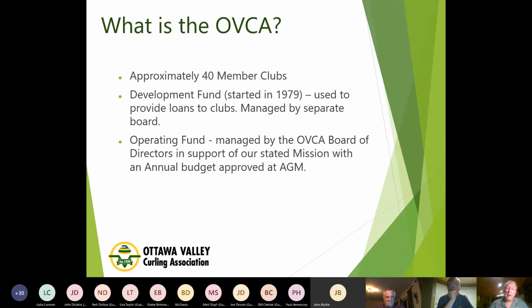We also have an operating fund, and the operating fund is a much smaller fund that's managed by the OVCA Board of Directors in support of our stated mission with an annual budget that's approved at this AGM. Go to the next slide.